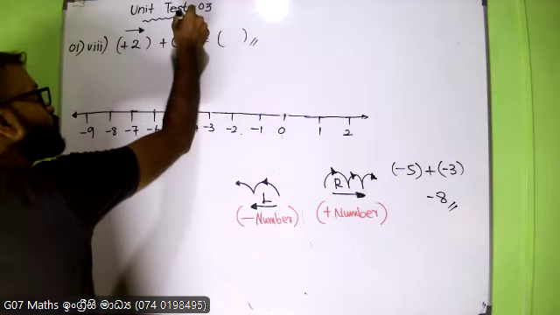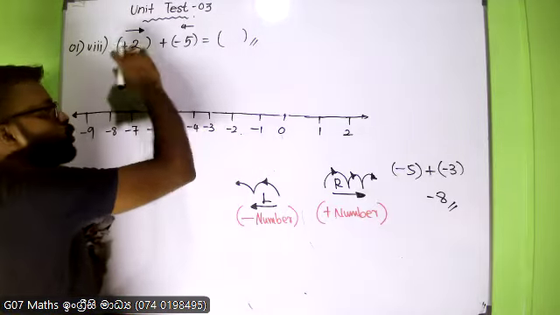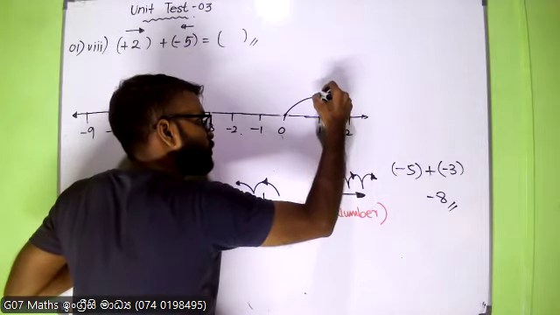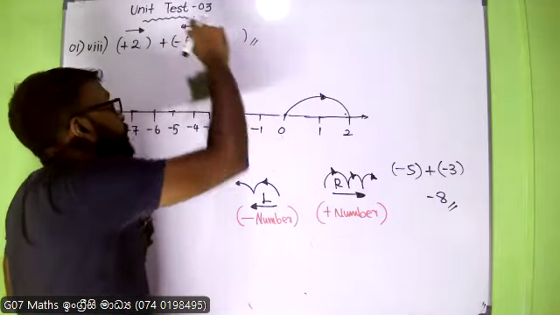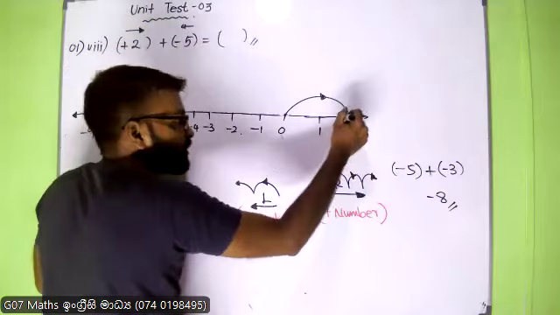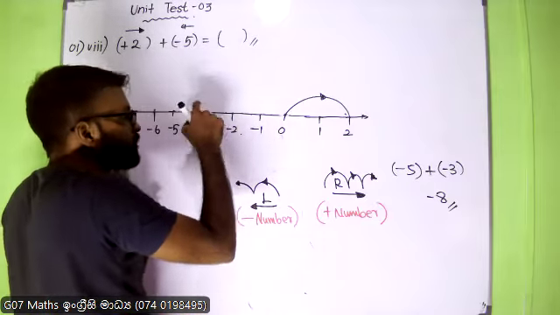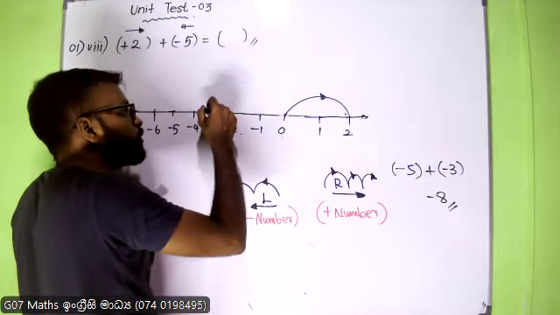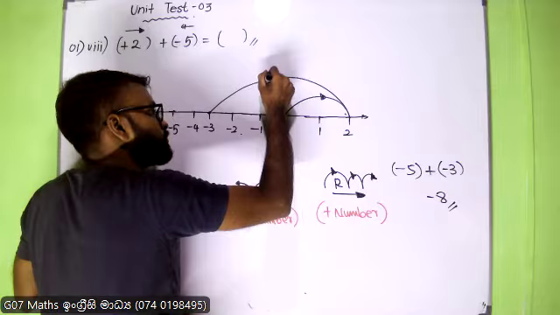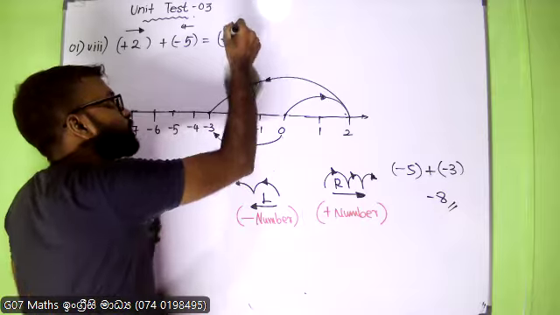This is negative now, so left-hand side. I am at point 0. 2 times to the right, positive 2. Then 5 times backward, 5 times left-hand side, negative number. 1, 2, 3, 4, 5. So your answer is this. Your answer should be negative 3.